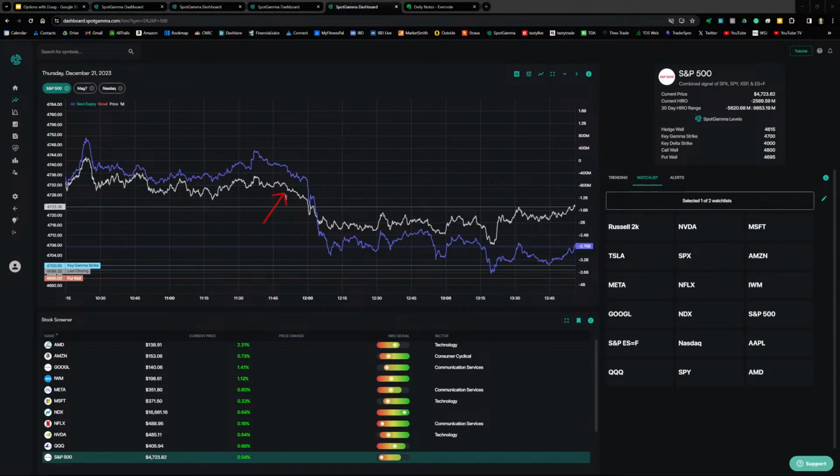The first, the white line, is showing price for SPX, and the purple line, that's the hero signal, again, hedging impact real-time options. That's showing options trades and market maker hedging activity for a combined signal for SPX, SPY, XSP, and ES futures. So when traders buy and sell calls in all these instruments, market makers hedge those trades with ES futures, and that shows up on this chart. Again, it's real-time data.